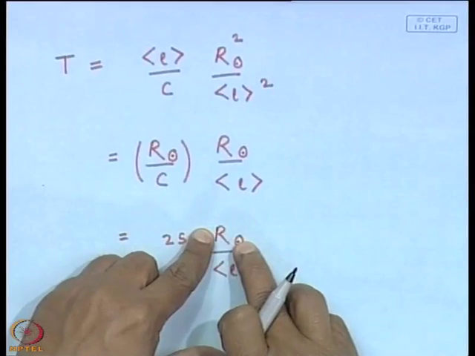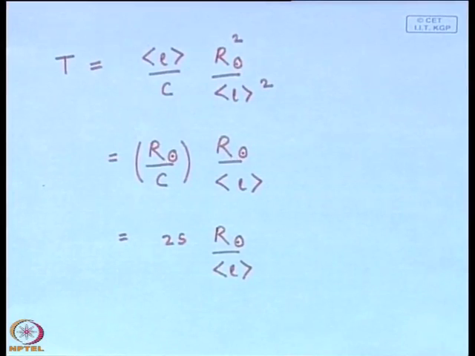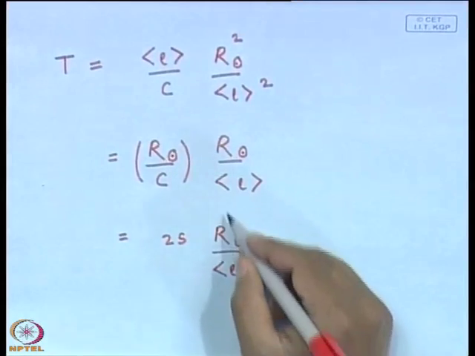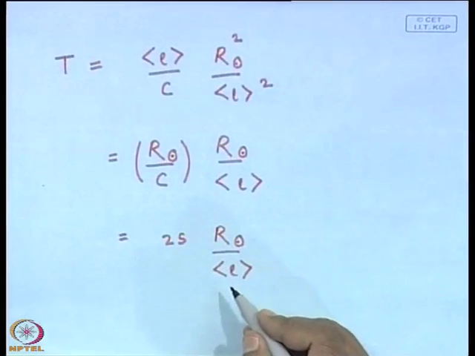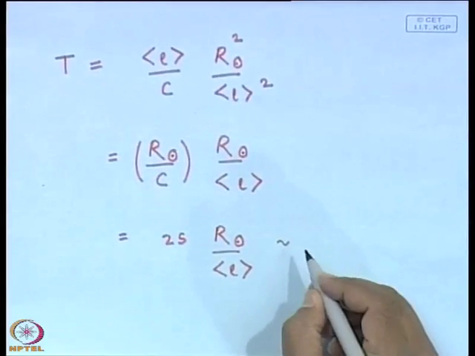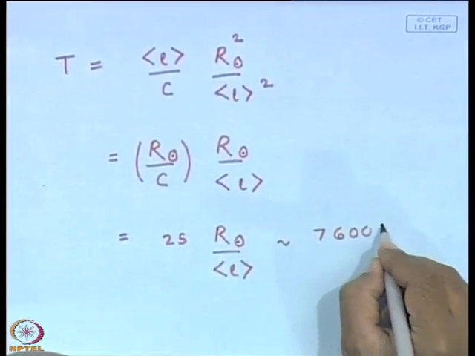As a consequence, it takes much longer, and the amount by which it gets increased is basically the ratio of the distance it has to cover to the mean free path. If you put in these numbers, this comes out to be somewhere around 7,600 years.